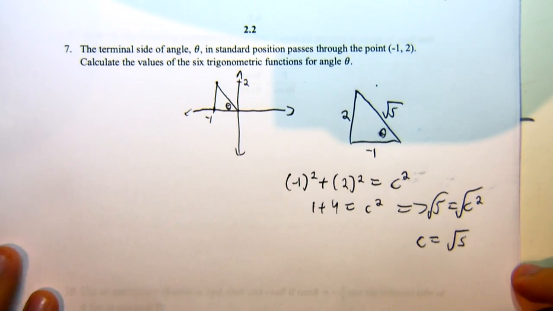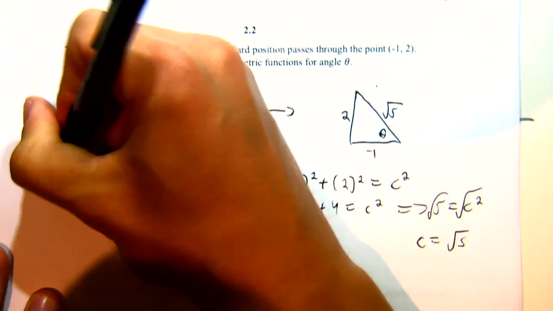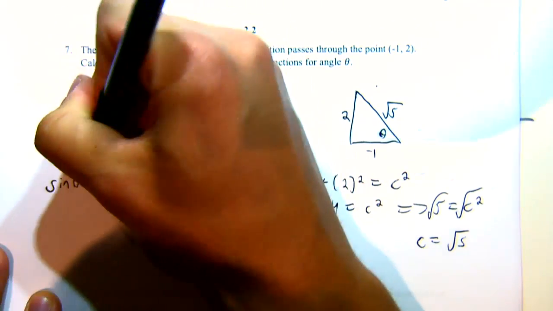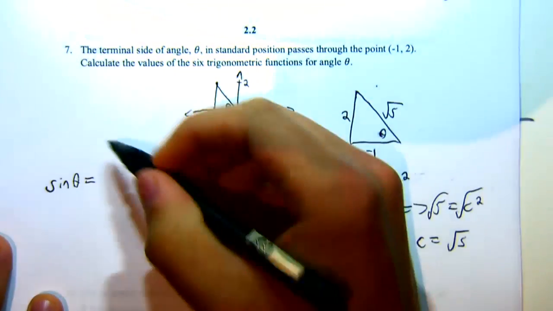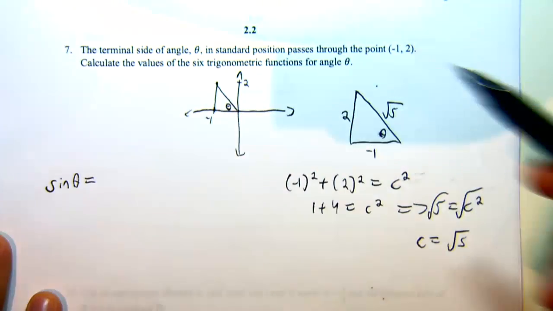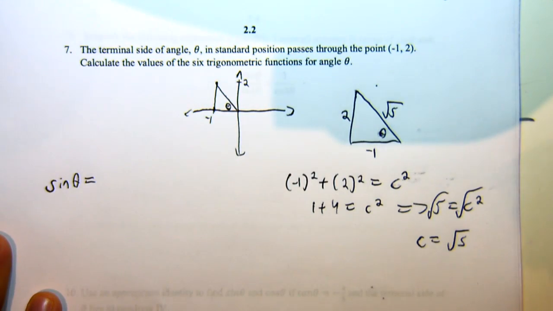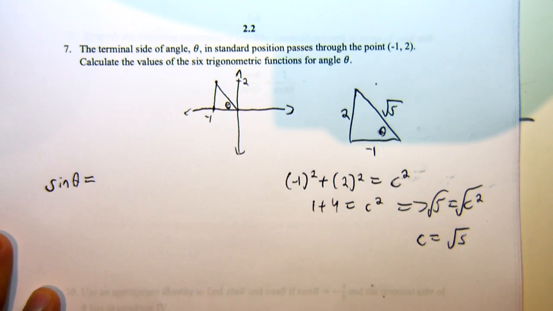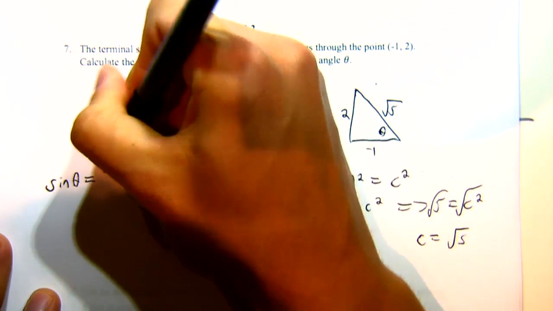Alright, now to find the 6 trig functions, we have to do sine. Sine is equal to what? Is it opposite over adjacent, adjacent over hypotenuse, opposite over adjacent? I didn't hear you. What'd you say? Okay, excellent. So opposite over hypotenuse.